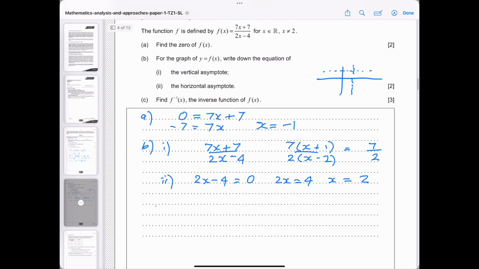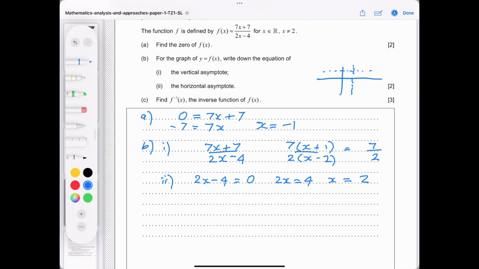In order to find its inverse, we're going to write y equals (7x plus 7) over (2x minus 4), and we swap everything around. So x equals (7y plus 7) over (2y minus 4). Let's multiply out by 2y minus 4, and that equals 7y plus 7.